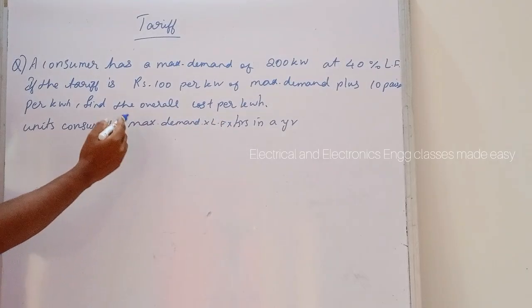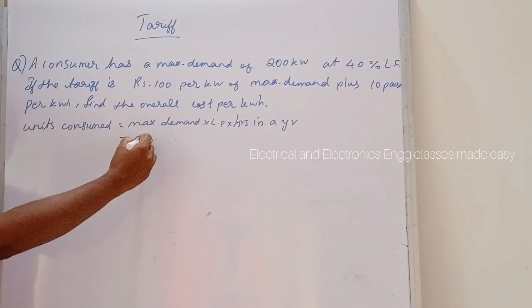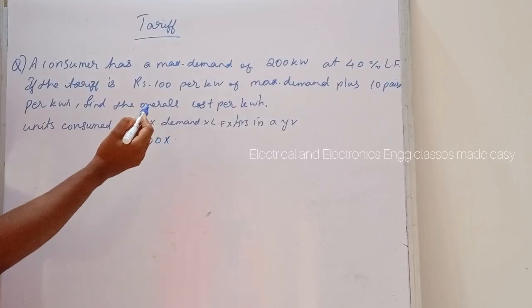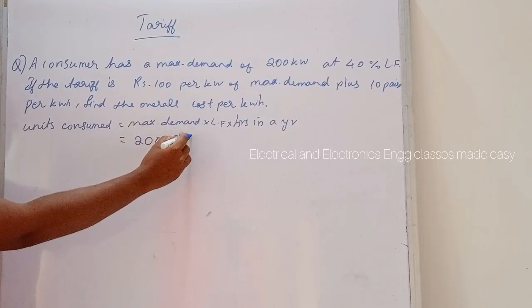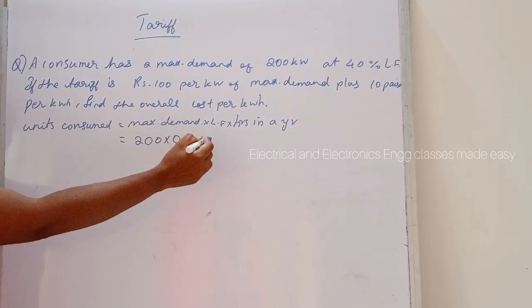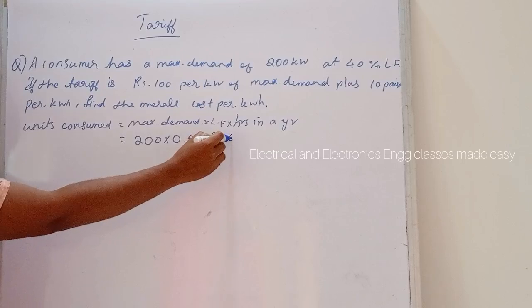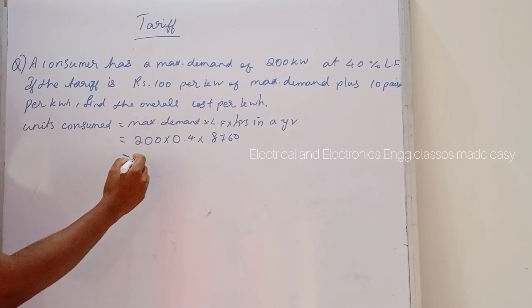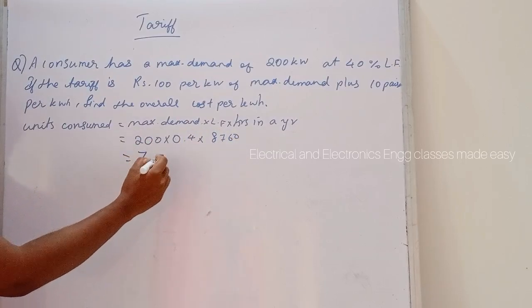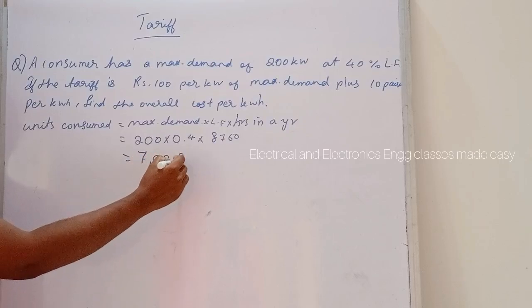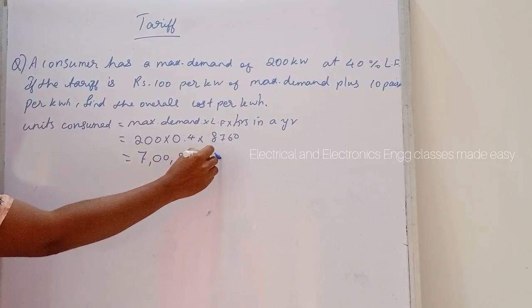Maximum demand is 200, load factor is 0.4, then hours in a year is 8760, and we get 7 lakh 800 kilowatt hour.